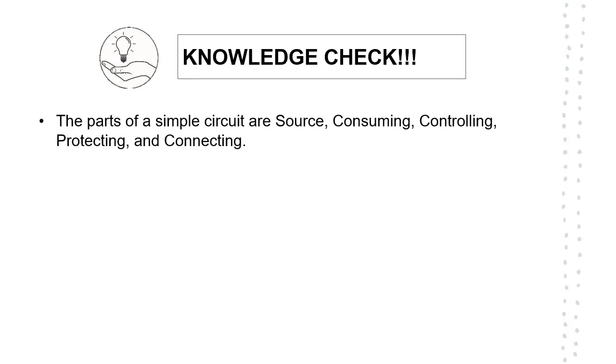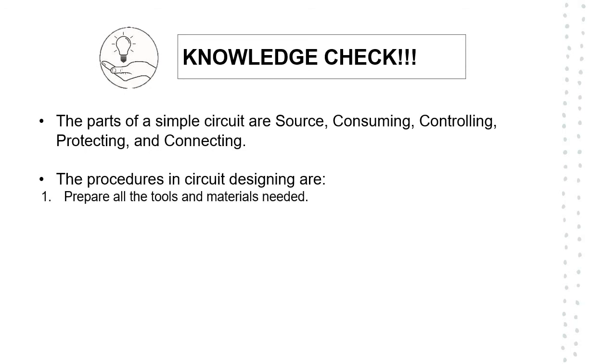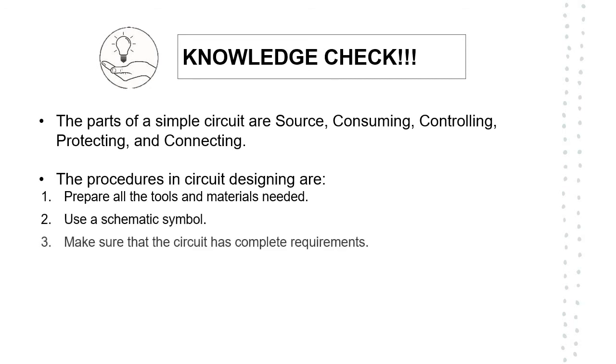And we are done with our discussions. To check your knowledge, the parts of a simple circuit are source, consuming, controlling, protecting, and connecting. The procedures in circuit designing are: number 1, prepare all tools and materials needed. 2, use a schematic symbol. 3, make sure that the circuit has complete requirements.